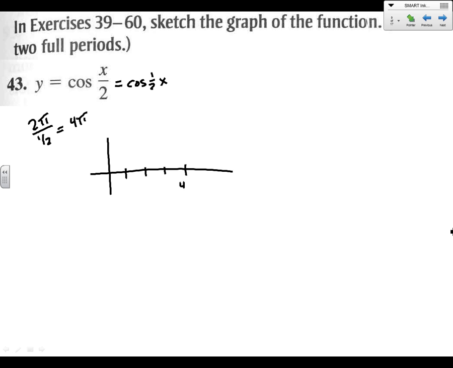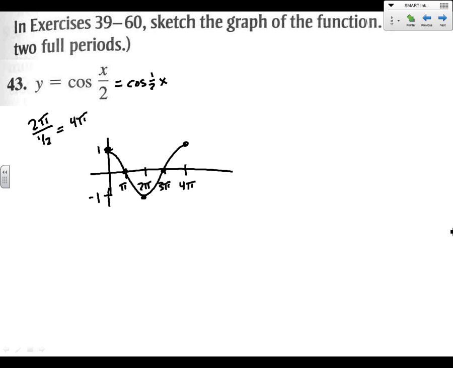So our last point here is 4 pi, our middle point is 2 pi, our first quarter is pi, and our third quarter is 3 pi. We go up to 1, down to -1, and remember cosine starts high, finishes high. Okay, and so there you go.